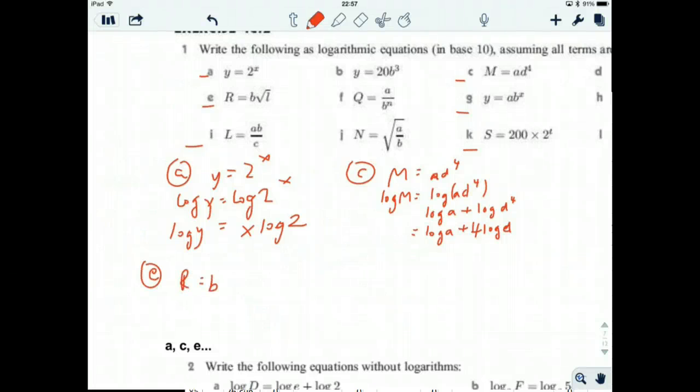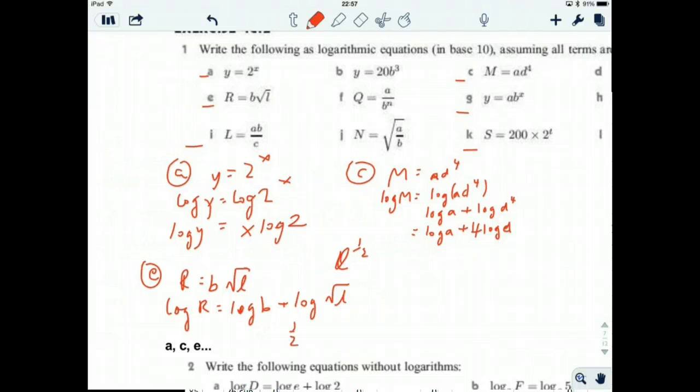R equals B square root of L. So that would be the log of R is equal to the log of B plus the log of square root of L. Square root of L is the same thing as L to the 1/2.